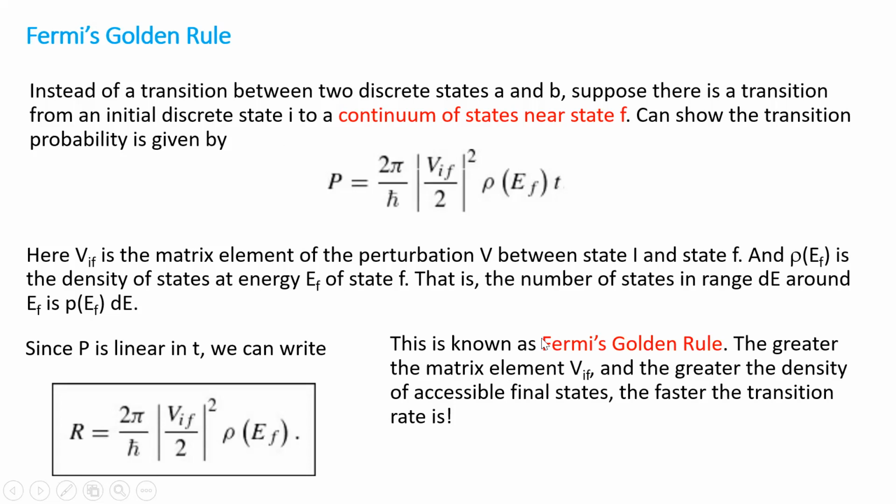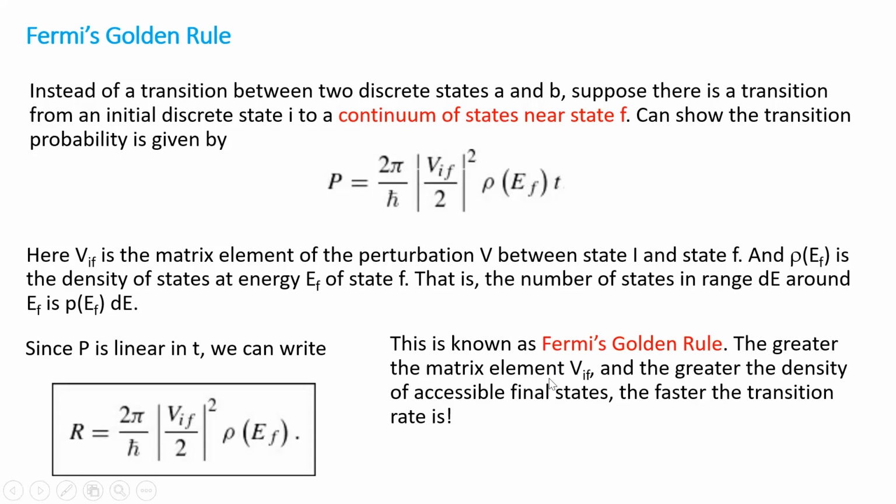And so Fermi's golden rule again applies when we have transitions from a discrete state I to a state F, which is part of a continuum of states. So it's a continuum of states, free states or scattering states, that is the final destination state.